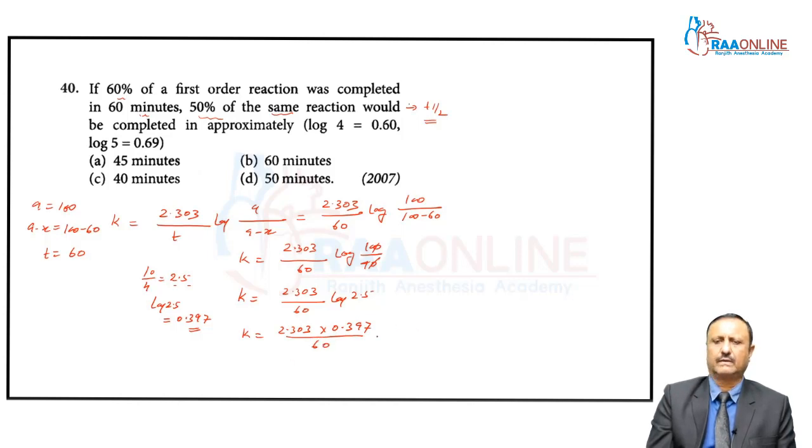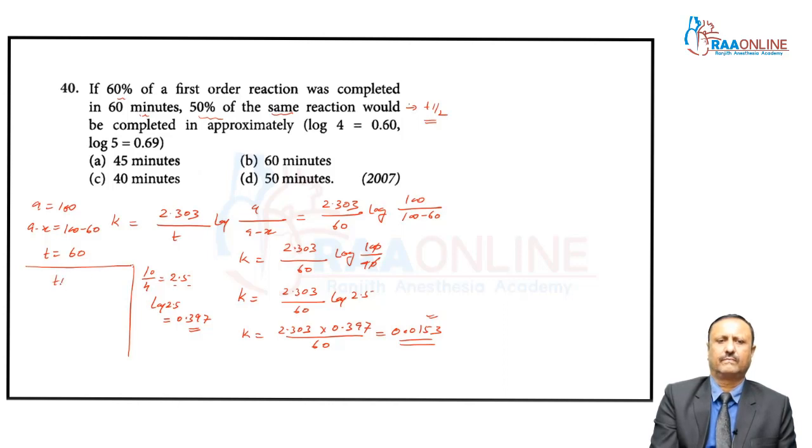Now we get 0.0153, my dear students. When you divide and multiply, you can get the value of K. But here you can see 50% of the same reaction would be completed. It means half life. You can put this K in the half life formula, then you can get the answer.